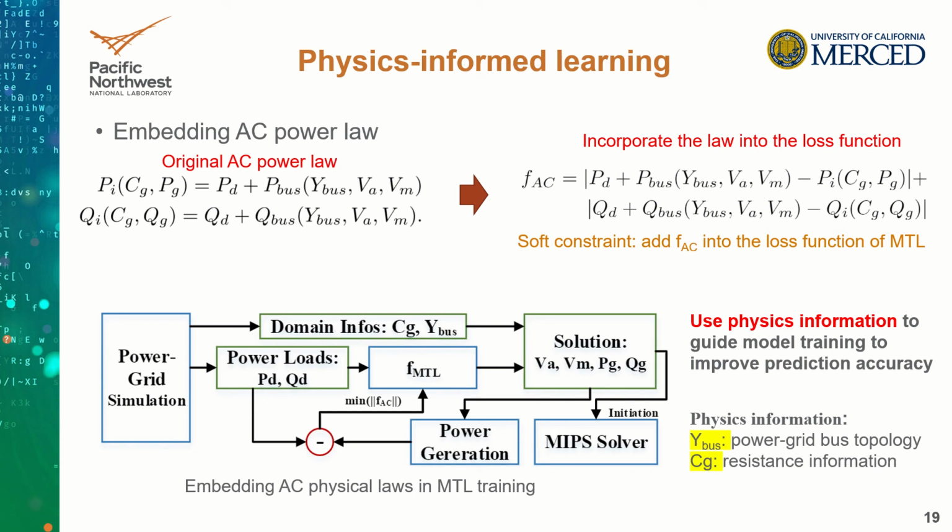Here, we can see the equation provides some domain information, which is the CG and Y bus. The Y bus represents the power grid bus topology, and the CG is the resistance information about the power grid system.